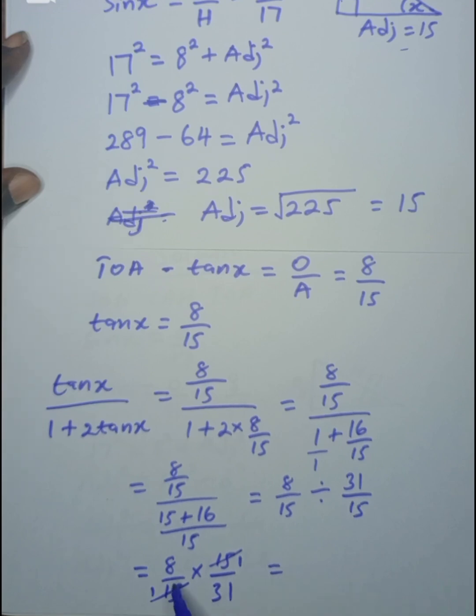So we have 8 over 31. And since this is a proper fraction, we can leave the answer as 8 over 31. So it means that tan x over 1 plus 2 tan x is equal to 8 over 31.